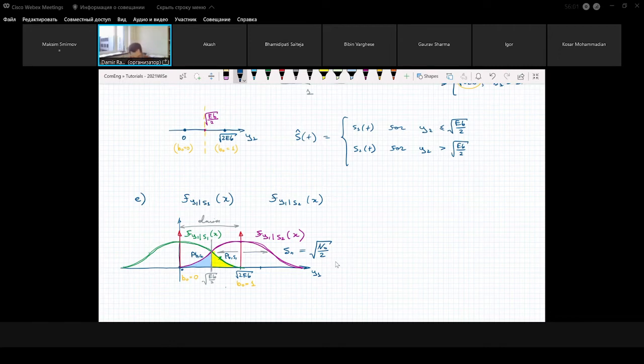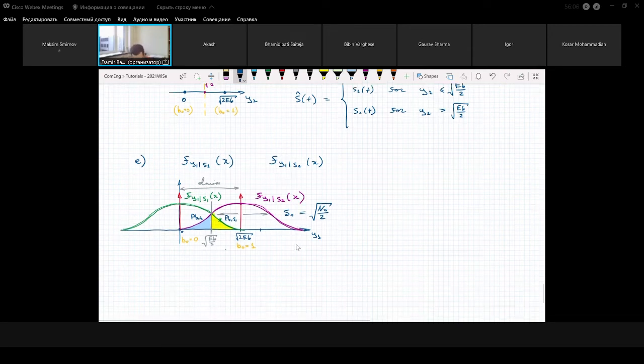But before we do this, I would like to write one more expression: how the received signal looks, taking into account that we have noise. Then we go to part F and complete the discussion about probability of bit error.